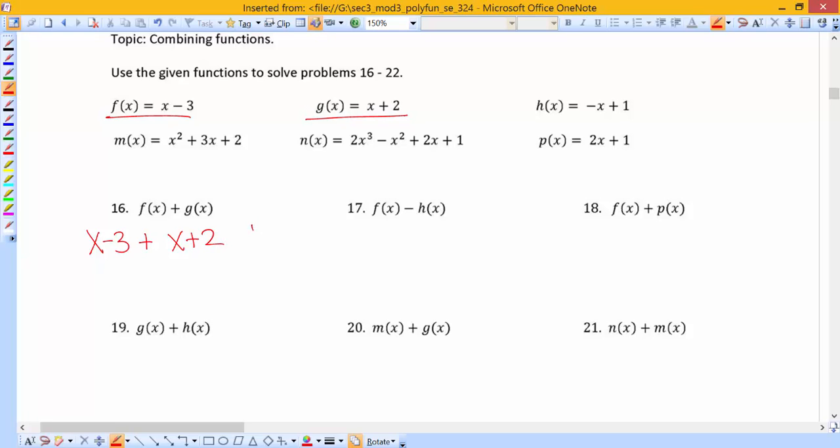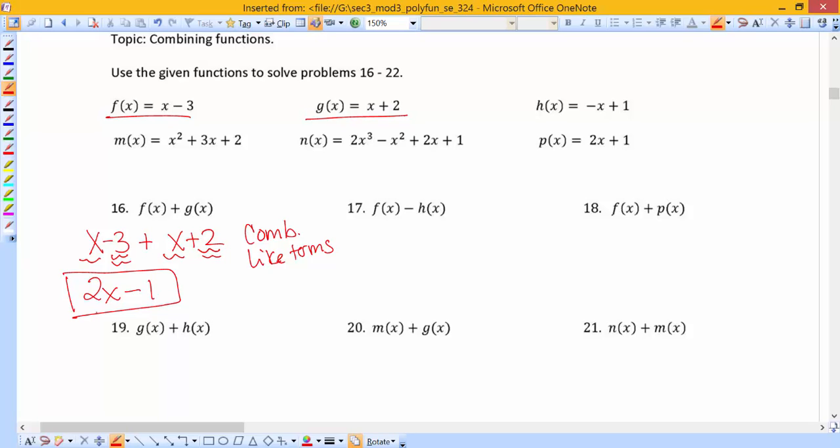Now, once I get to this point, I'm going to combine like terms. Like terms have the same variable with the same exponent. So I have an x and an x. That means I have two of them. Then I have negative 3 and positive 2. That's a negative 1. There's my answer. I'm done.